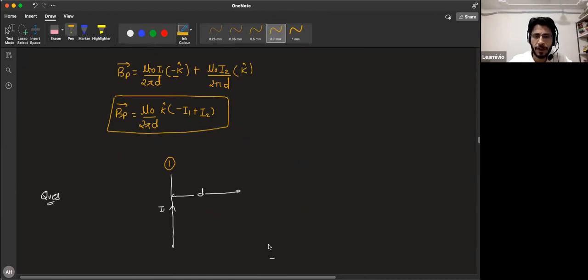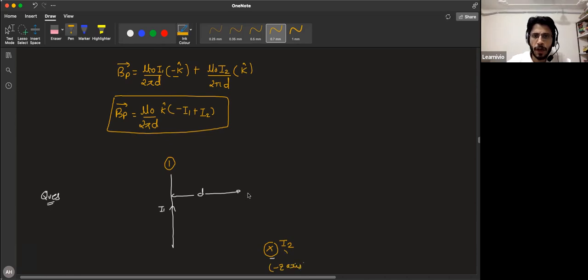This is your second conductor. The second conductor is going into the plane. It's going inwards. Like if you take your notebook, the second conductor is going into your notebook. Into the notebook means your conductor is along which axis, Unif? Sir, minus Z. Your conductor is placed along negative Z axis.